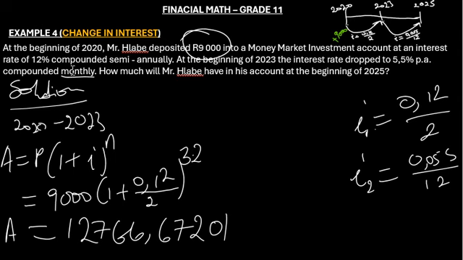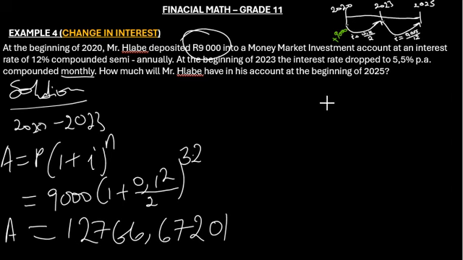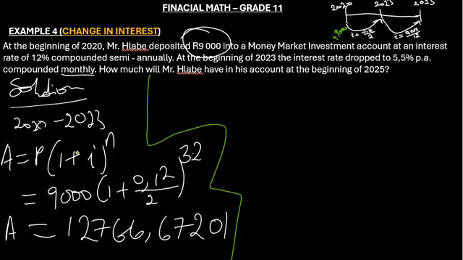Why don't I just erase this here, because I want to have some space, and pick another color, green. A is equal to P into (1 + i) raised to the power n.